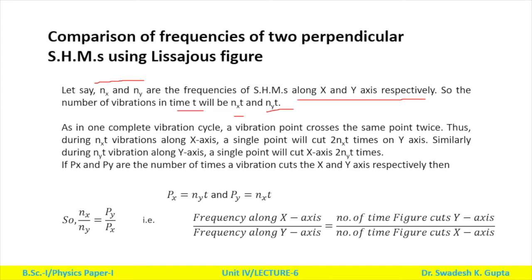So if in one vibration that phase is achieved two times, then in nx t vibrations it will reach the same point 2 nx t times. Because nx t is the vibration along the x-axis, it will cut the y-axis 2 nx t times. Similarly, if ny t is the vibration along the y-axis, then it will cut the x-axis 2 ny t times.